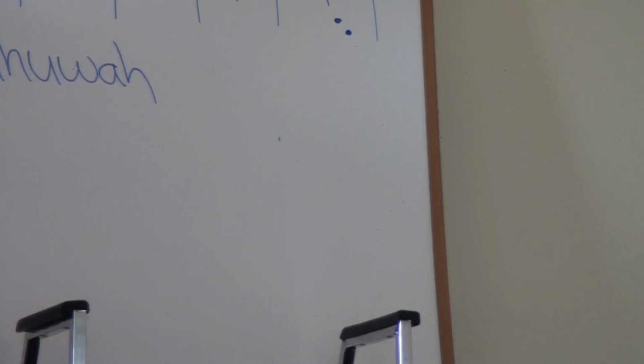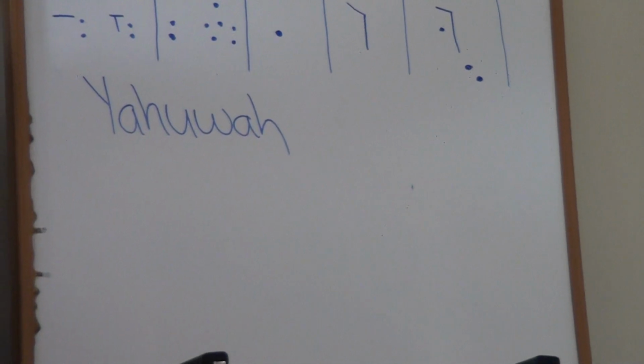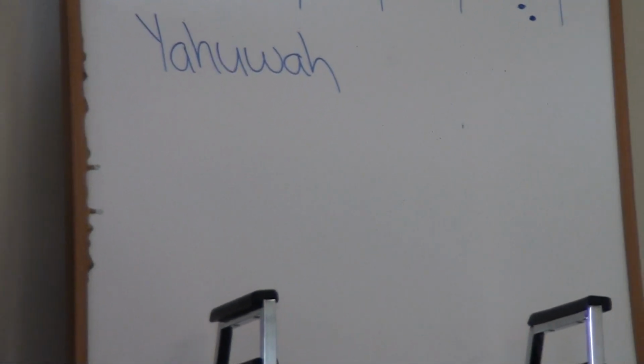I've seen it done like that before. That's how we used to pronounce it. Yahuah. That's not even Yahweh. That's 3. Yahuah, like the owl, because you make an owl sound.